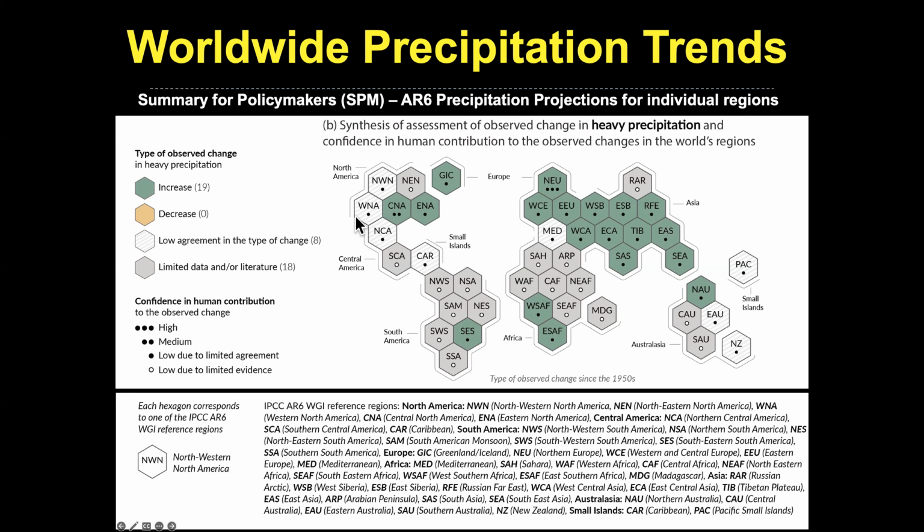So they have broken the world into these little regions, and basically anything in the green means an increase in precipitation. Anything with dash lines means low agreement. Anything in the yellow means a decrease. So generally speaking, there is either limited data or areas where the scientists think there's going to be an increase in heavy precipitation events.